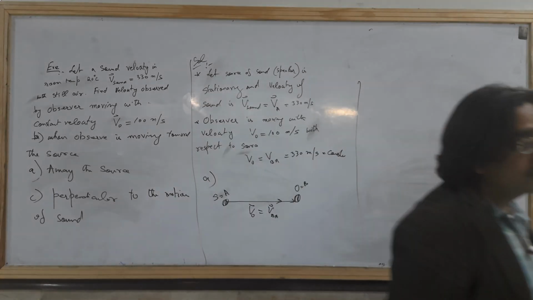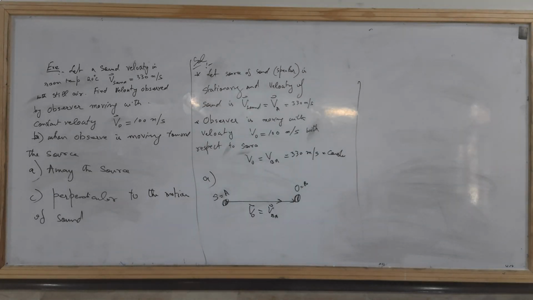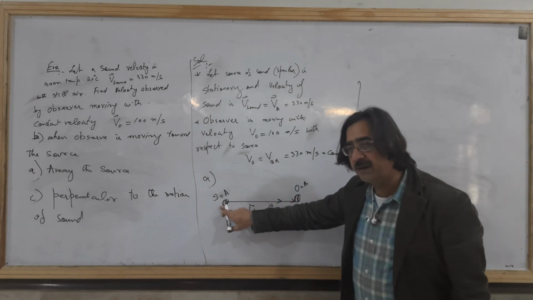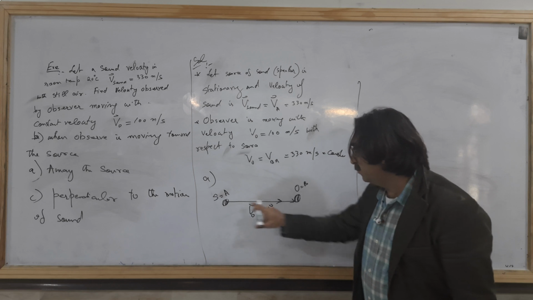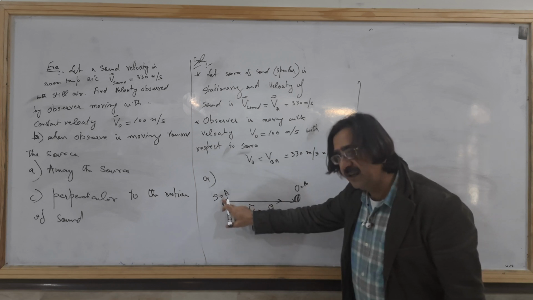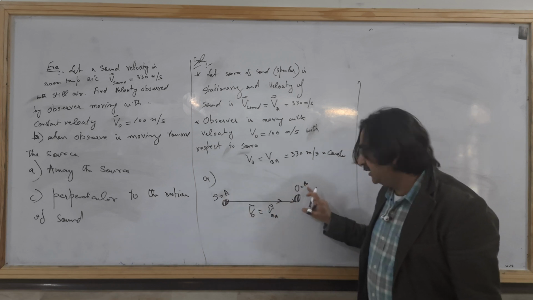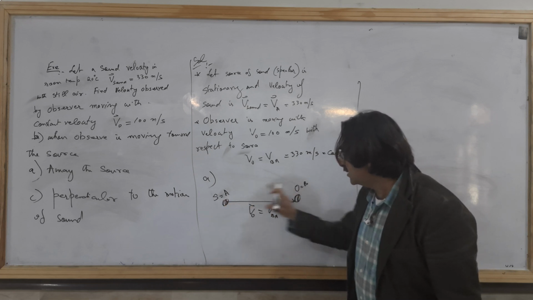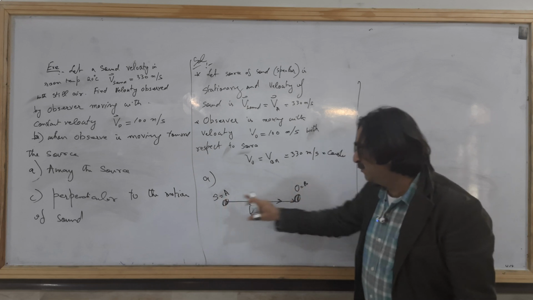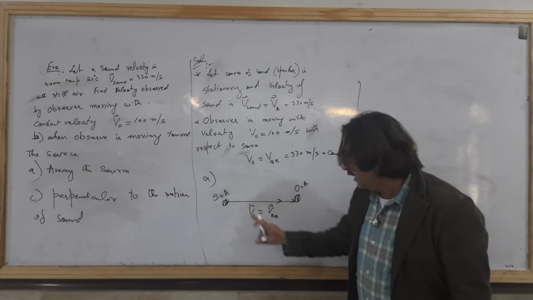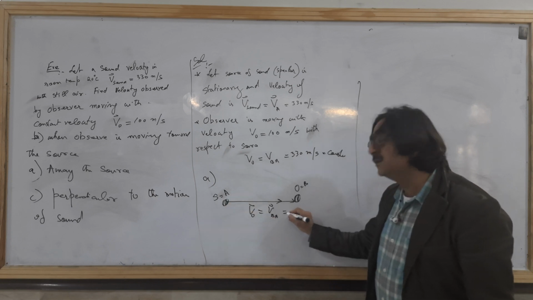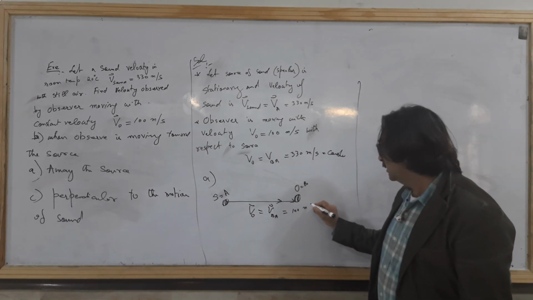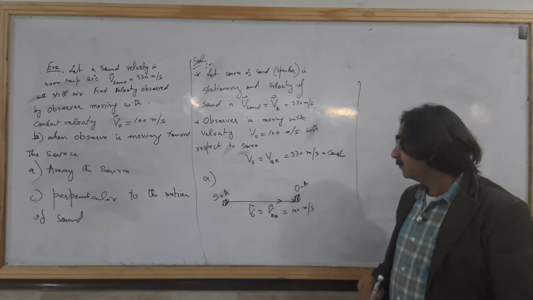This will be VBA because the source is A and the observer is B. So observer velocity with respect to A means the observer is B and the source is A, and so this VBA is 100 meter per second.